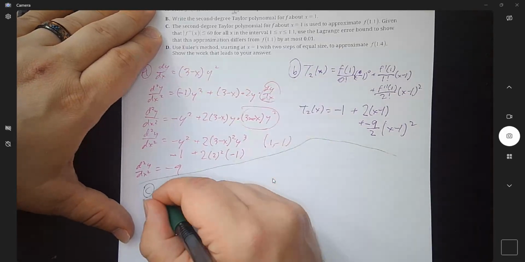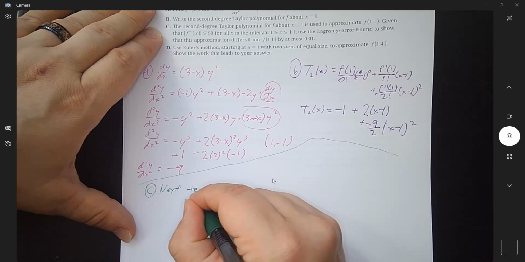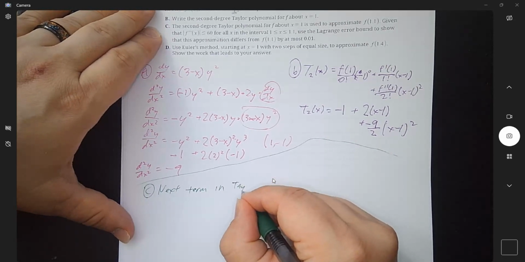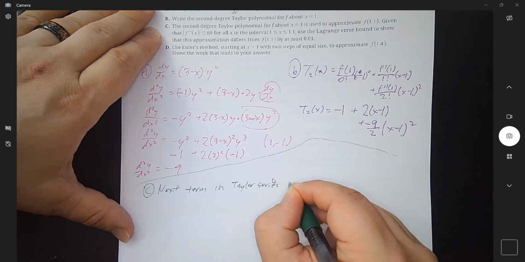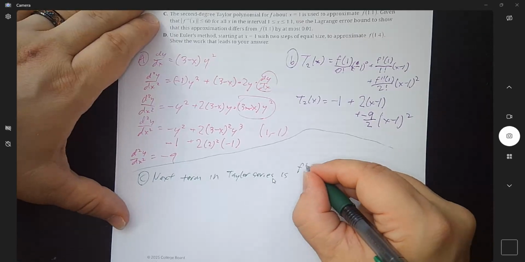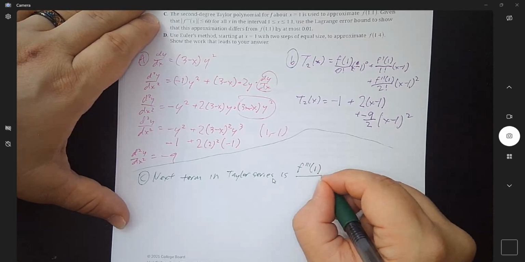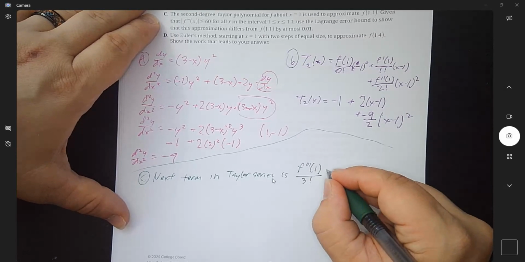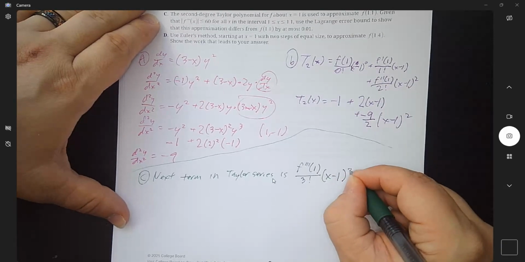I do know that the next term in the Taylor series is going to be f triple prime at 1 over 3 factorial x minus 1 cubed.